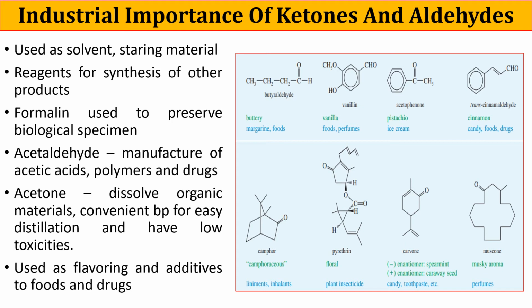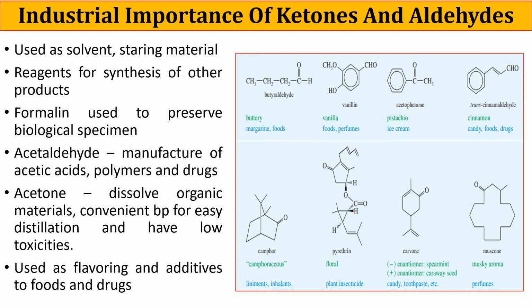Some examples of aldehydes and ketones used in household products are: Butyraldehyde, whose odor is buttery, used in margarine and food. Vanillin is another example, whose odor is vanilla, used in foods and perfume.